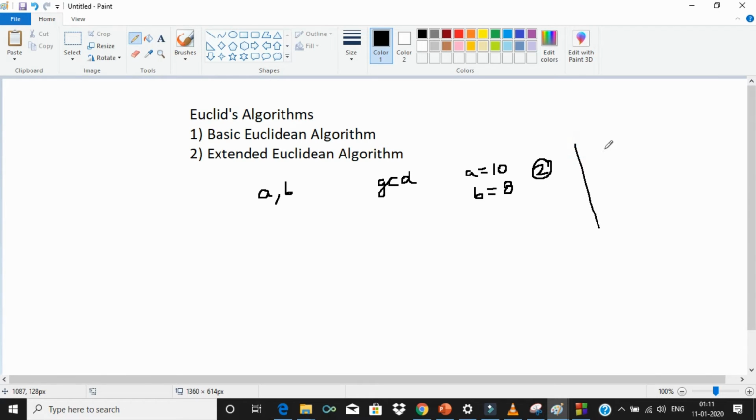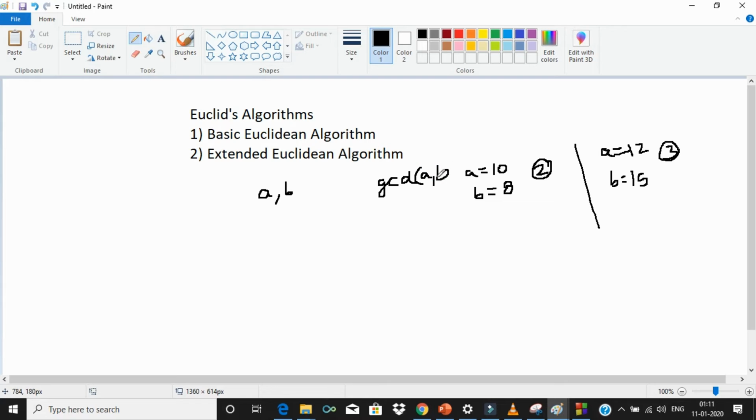Another example could be, let's say a equals 12, b equals 15, then in that case the greatest common divisor is going to be 3. So GCD can be said to be a function of both a and b.